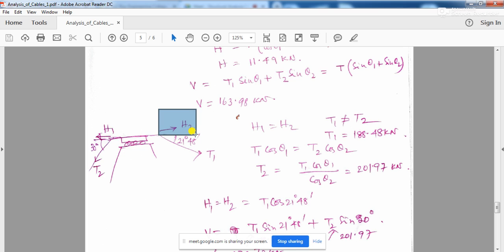Okay. Now the next point: in case of a saddle, as we have said, H1 should be equal to H2. What is H1 and H2? Here it is H1 and on this side H2. H1 equal to H2 means the horizontal component of this force T1.